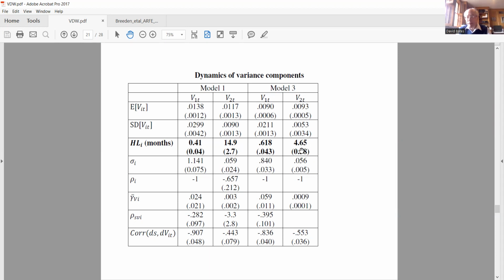There's a half-life of 4.5 months as opposed to the time series estimates of 15 months. And that's going to matter later on. Okay, so this was not what I was expecting and not what I was hoping to find. I was hoping that using the VIX, I would be picking up even slower moving components. And that's not what I'm getting.